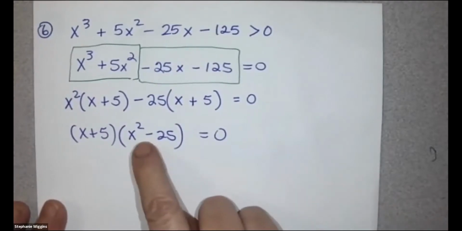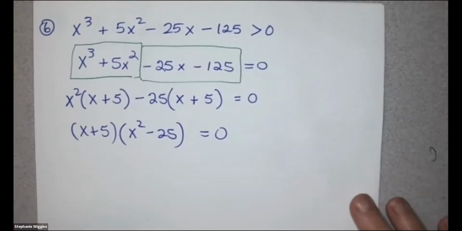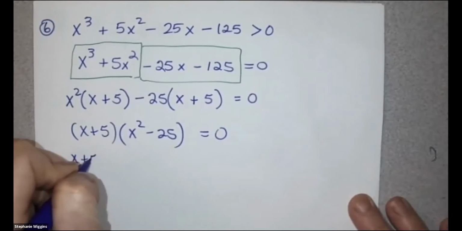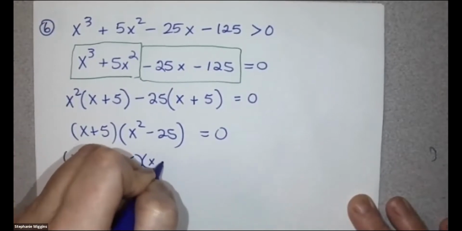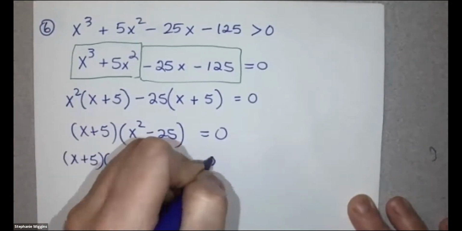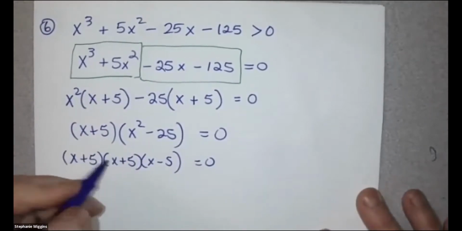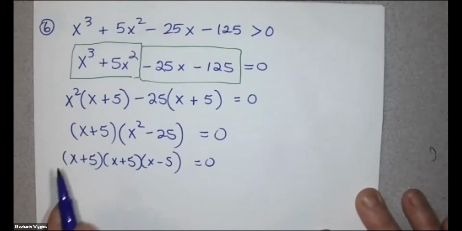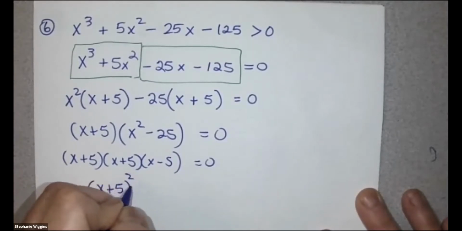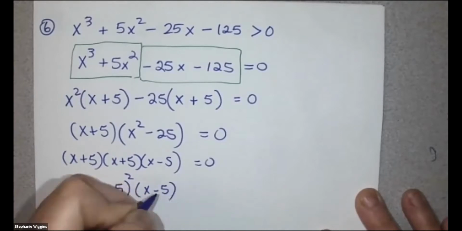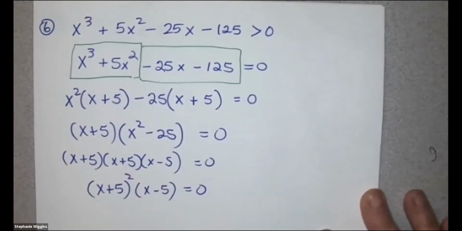And the last step is to factor this difference of squares. And notice I have these two are the same factor, so I can write this as x plus 5 squared times x minus 5 equal to 0.